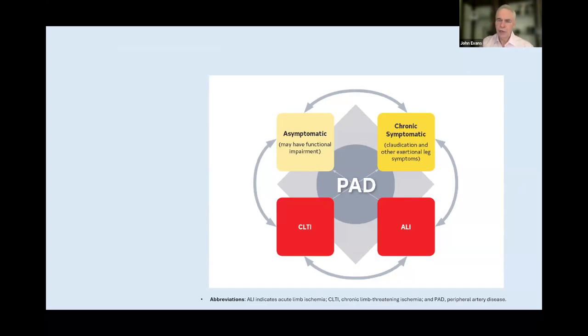Then we get into the more severe stages with chronic limb-threatening ischemia, where the patient very well may need an intervention to save the limb or the life. And the fourth stage is a little bit out of order. It's the acute limb ischemic stage, the heart attack of the leg, the surgical emergency of this.